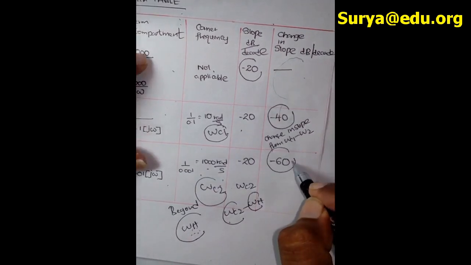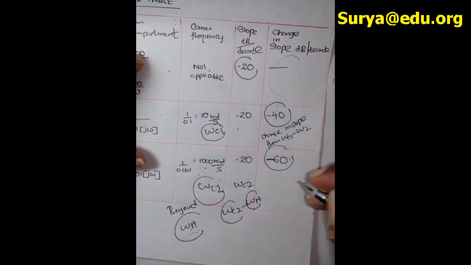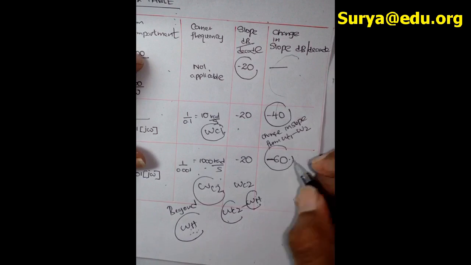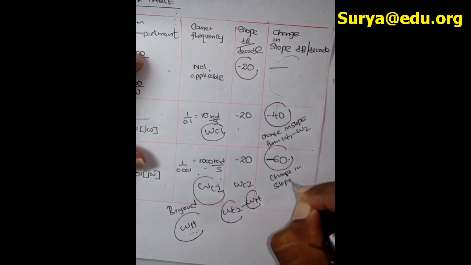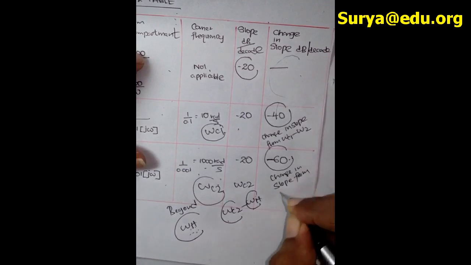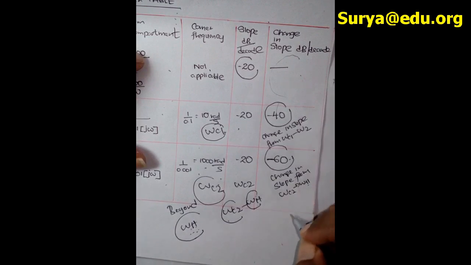So what is this minus 60? This minus 60 you already calculated, decibels per decade. So this minus 60 is the change in slope from omega c2 to omega h. Before omega h, what we have is omega c2, right?